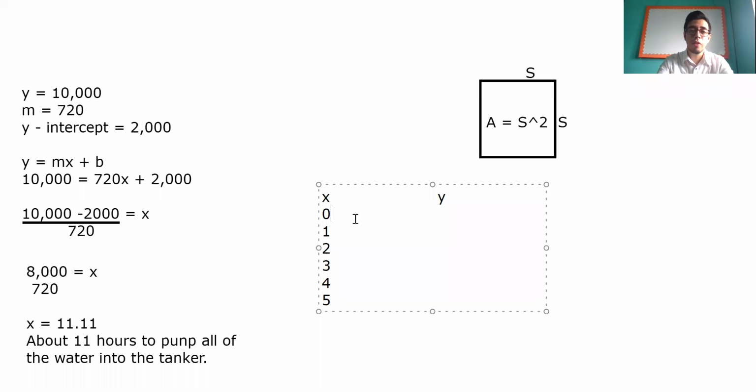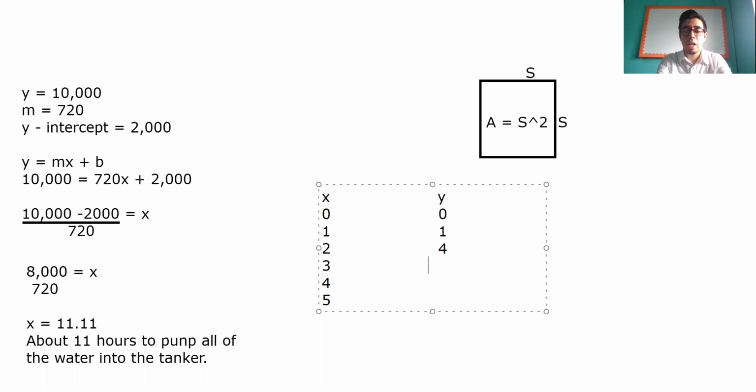For example, when the length is 0, the area is going to be 0 because you multiply 0 times 0. When it's 1, it's going to be 1 because you multiply 1 times 1. When it's 2, the area is going to be 4 because you multiply 2 times 2.